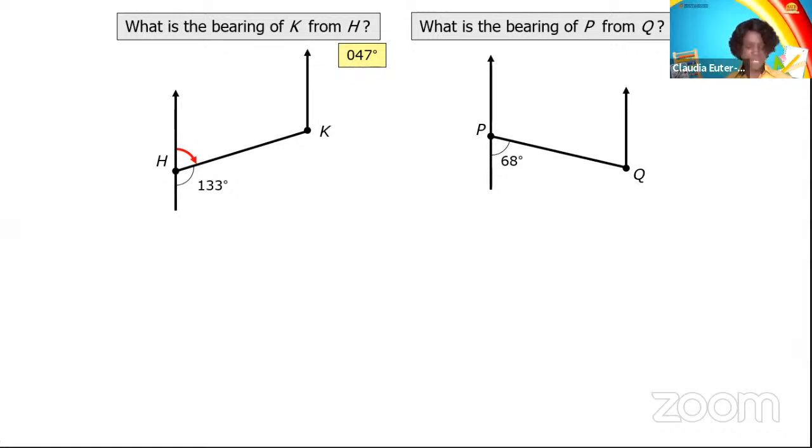And somebody said what Micah said. That's awesome. What's the bearing of P from Q? Let's see, miss. I'm seeing 248 degrees. Somebody did say alternate angles, but I think based on what you did, you left out one step.